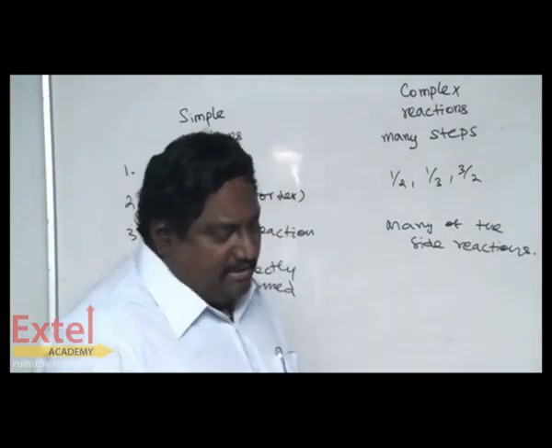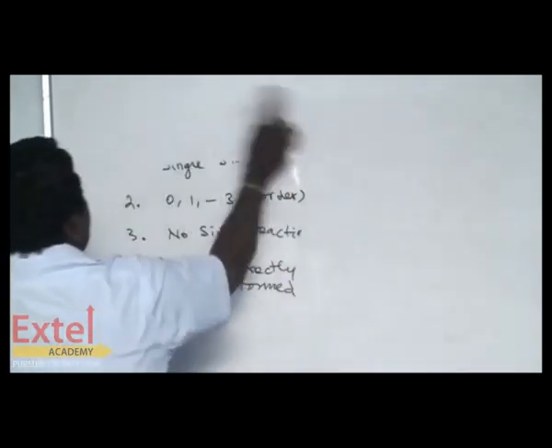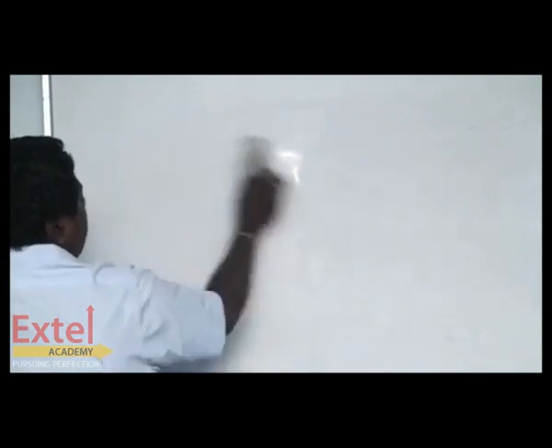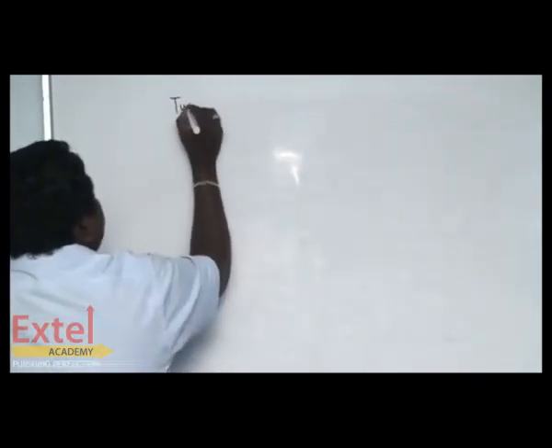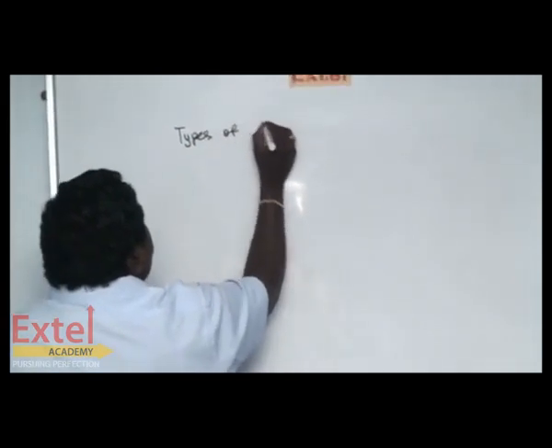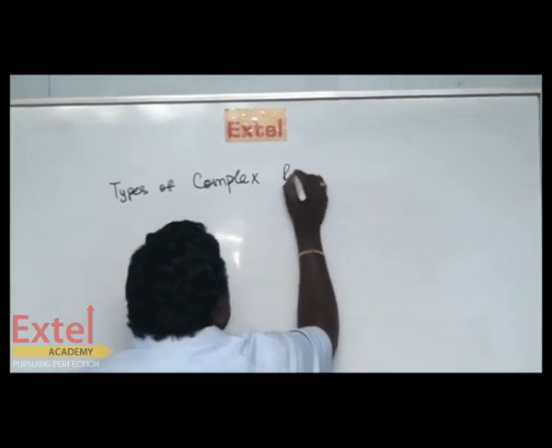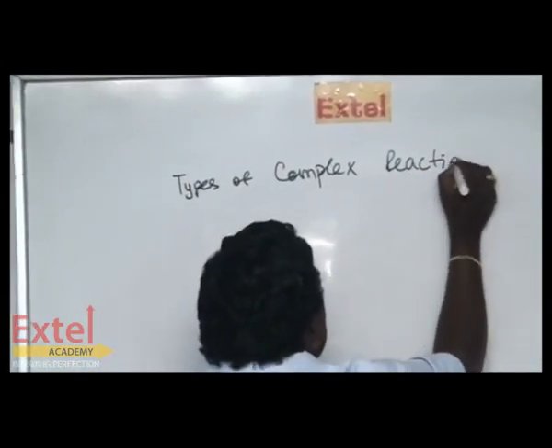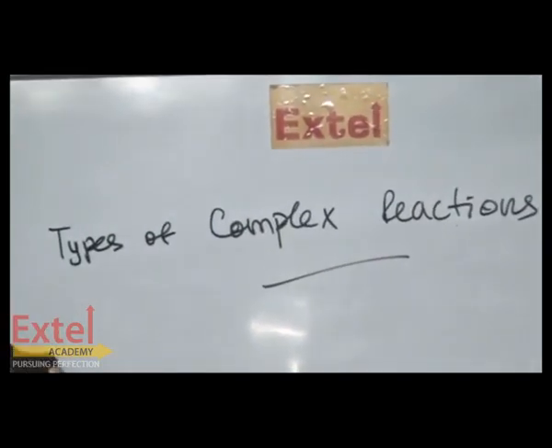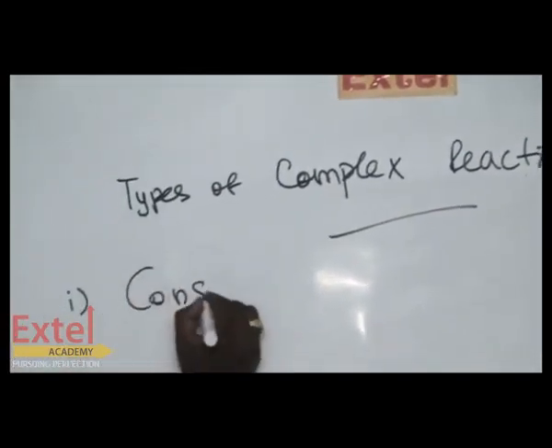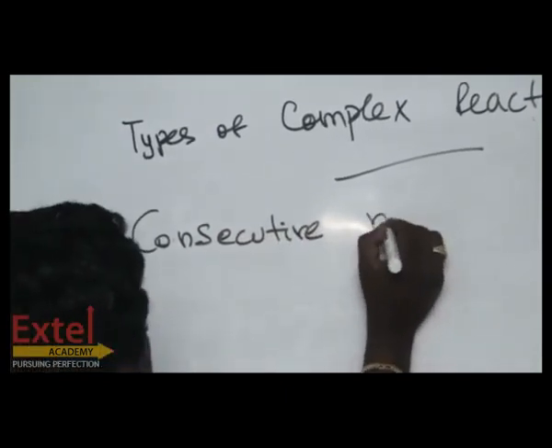Now let's see types of complex reactions. The very first one is consecutive reactions.